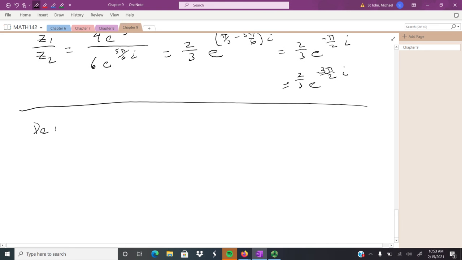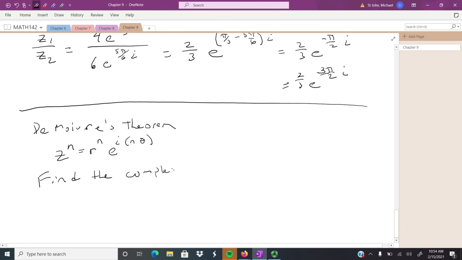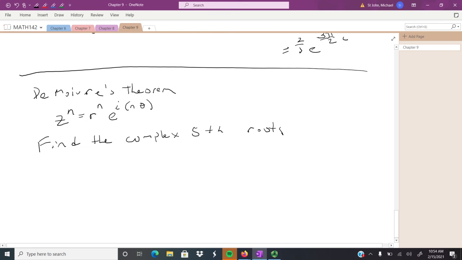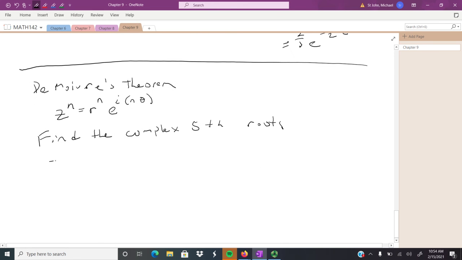Next thing it goes into is De Moivre's theorem. And z to the n is r to the n e^(inθ). So as we want to find the complex fifth roots, say I end up with minus 1 plus the square root of 3i.